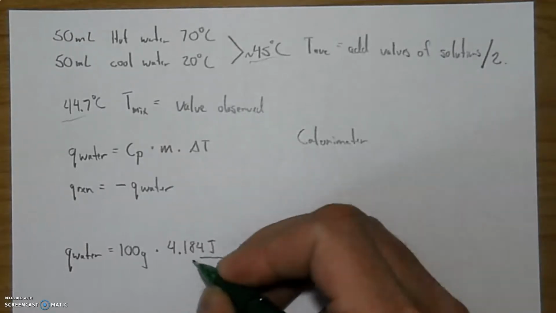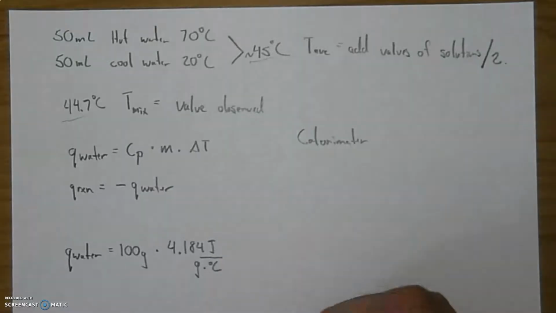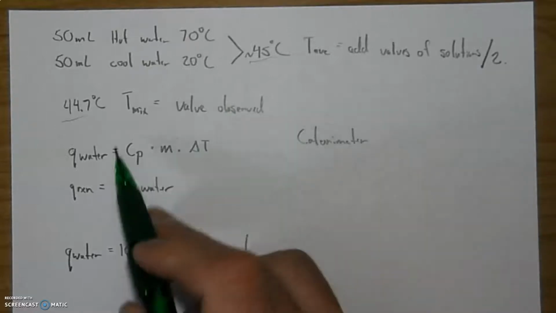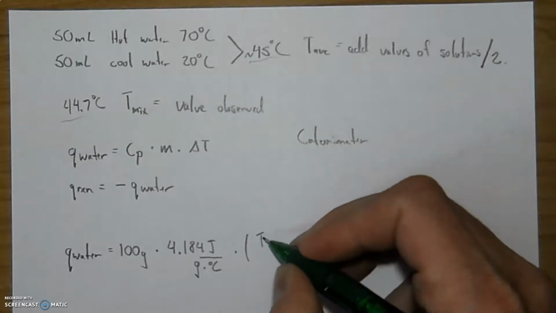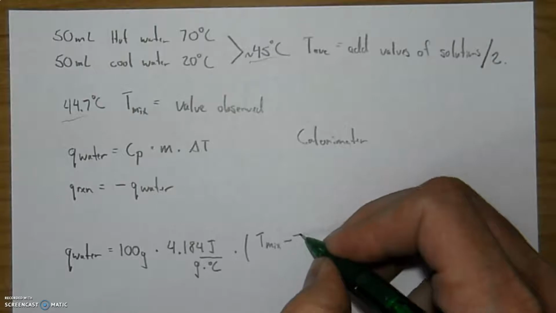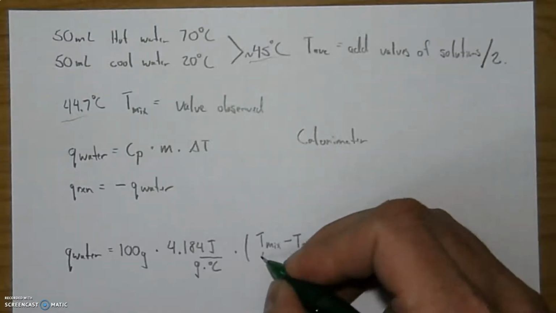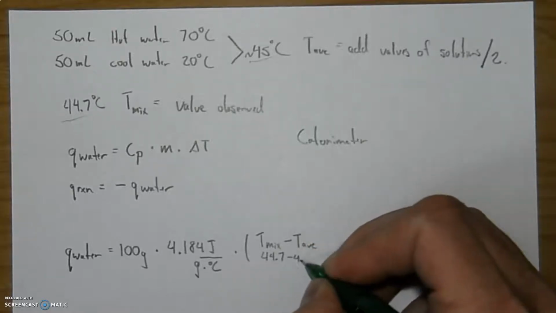It's got some units attached to it, grams and degrees Celsius. And then we have this change in temperature that we looked at. And we have these names. We're going to put those in here. We're going to say T mix minus T average, what we thought we would get. And they just so happen to be 44.7 and 45.